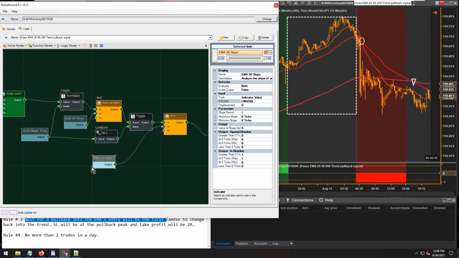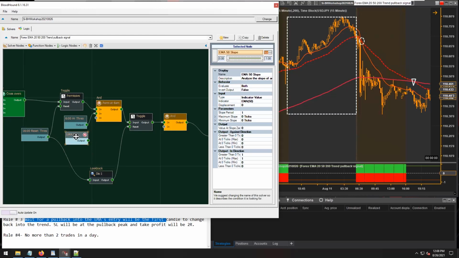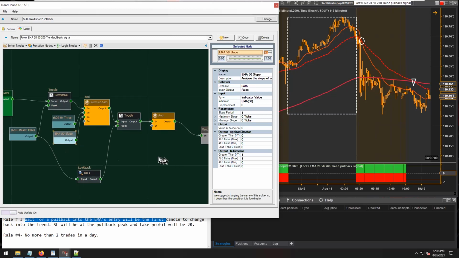I know. Let's take this slope solver and bring it back to this previous AND node. Let's see if that works.